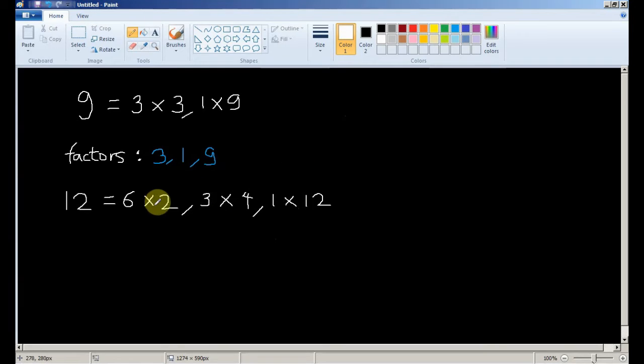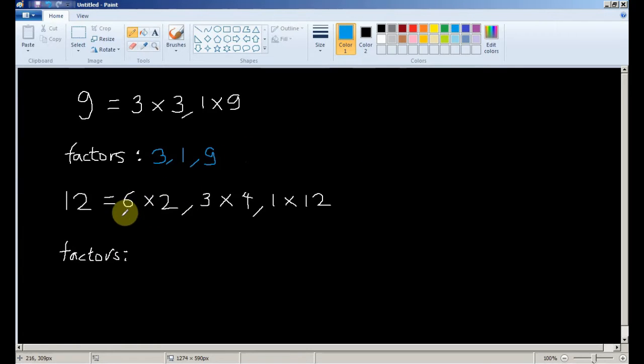That is correct. Those are the cases which give the factors of 12. So what we need to do now is list out all the factors. Let me change the color and write again.